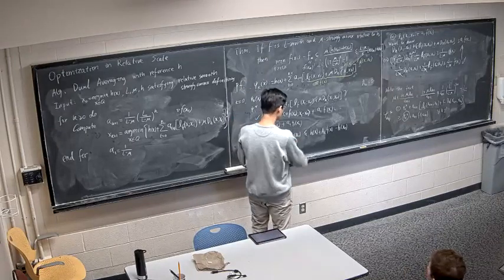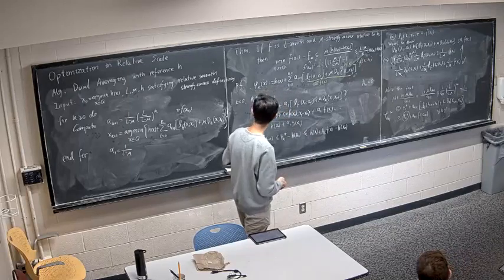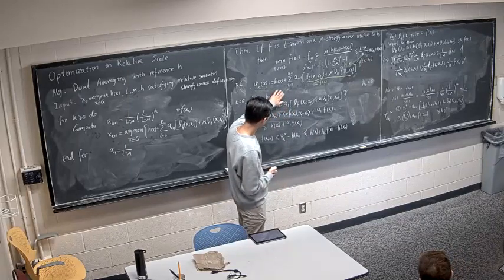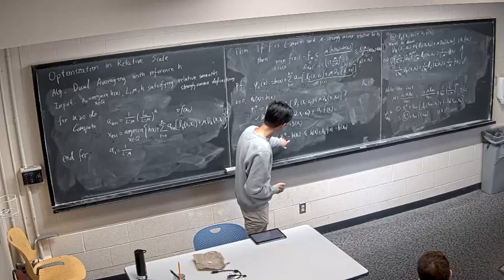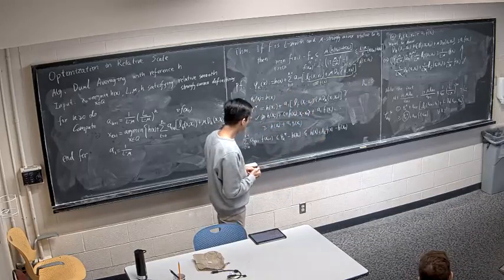And here, from here to here, we are using the fact we have just shown an inequality here that I erased: phi k star is less than or equal to h of x plus A k f of x for any x.